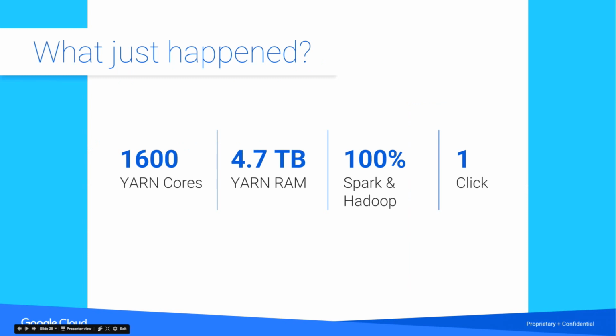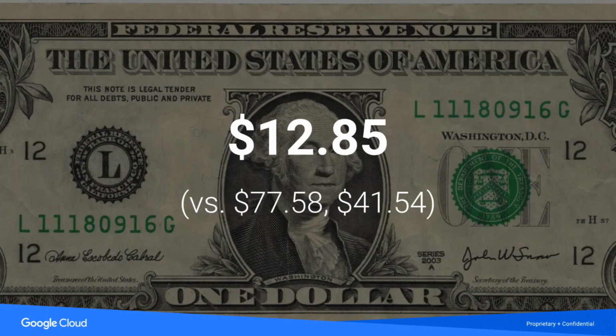In this case, what we are trying to do is create a cluster with 200 nodes with 1600 YARN cores and 4.7 terabytes of RAM, in just one single click. As I discussed, there are alternate ways in which you can bootstrap or create clusters, but this is the simplest way to do that.